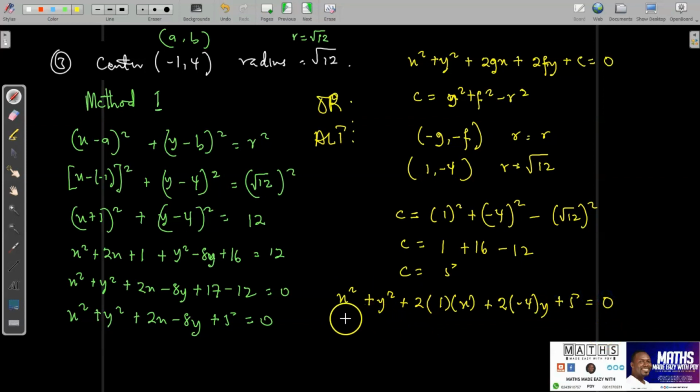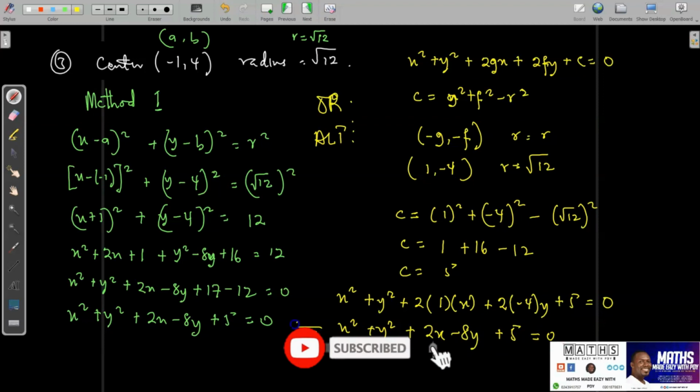So when we expand and simplify, we get x squared plus y squared plus 2x minus 8y plus 5, all equal to 0. And whatever I have here, if you look at it, is the same as what you have in the green marker here. Please, are we all clear?